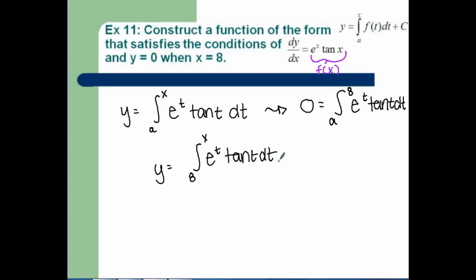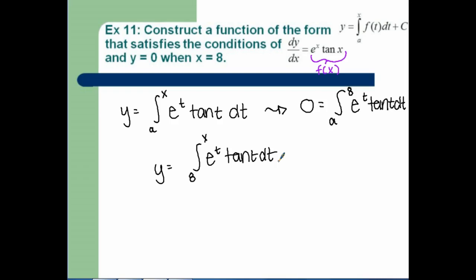Yeah, I mean, for this, the idea would be to think about what you know about tangent. Think about what you know about it needing to equal 0 and e needing to equal 0. How are you going to get that to occur? Exactly, whenever a equals 8.